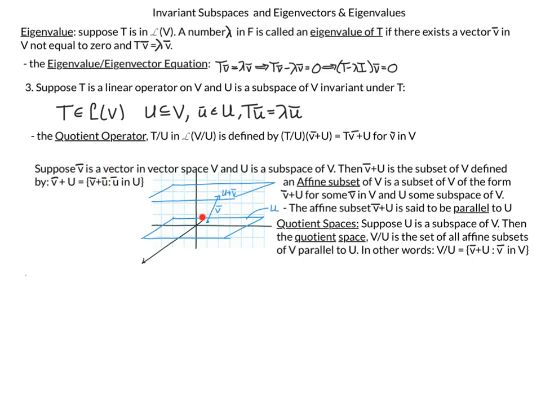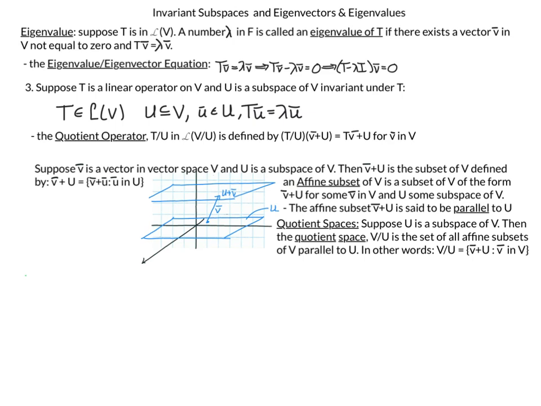So in other words, this was our picture. If we have a subspace U here and we want to add a single vector to it, then we're raising this point by our vector v. If we do this for every point in our subspace, we end up raising our entire subspace by this vector.